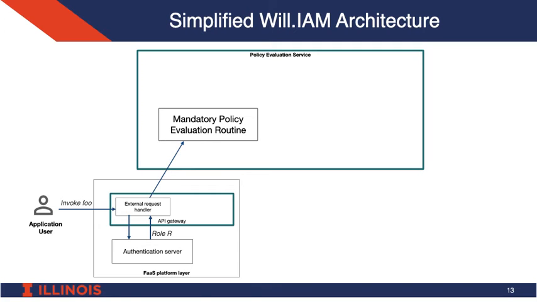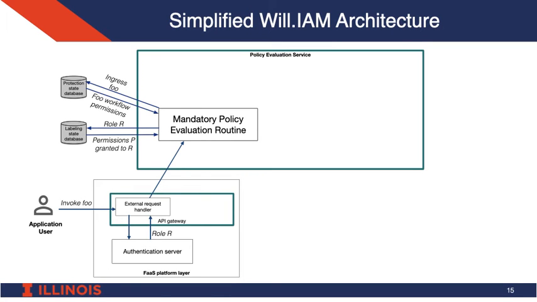The external requests are examined by the mandatory policy evaluation routine. The labeling state graph is queried to fetch the permissions associated with role R, and the protection state graph is consulted to compute the set of permissions required to completely execute the workflow beginning at foo.